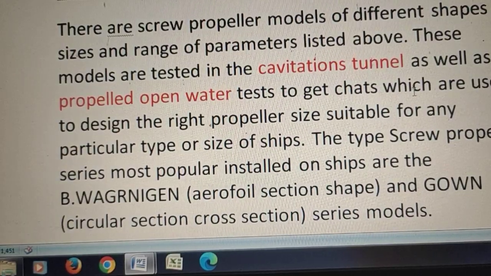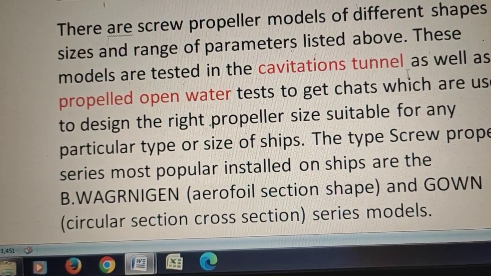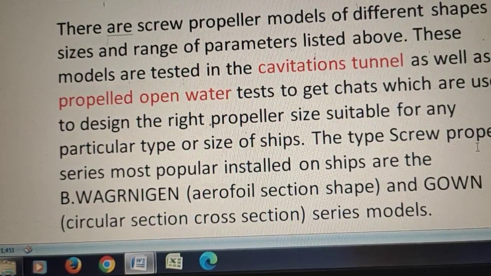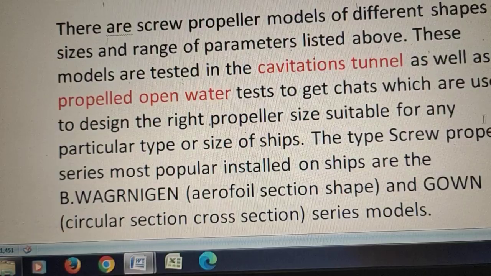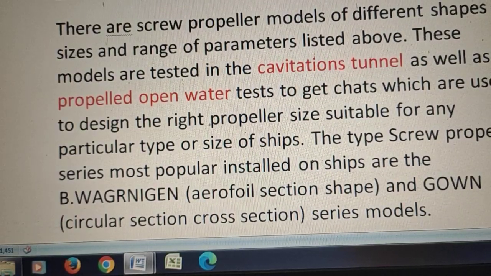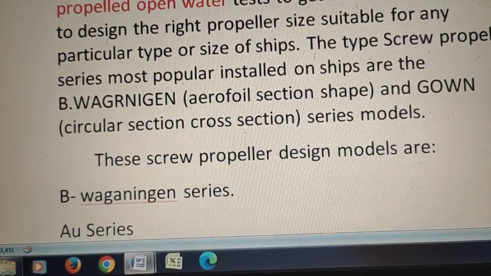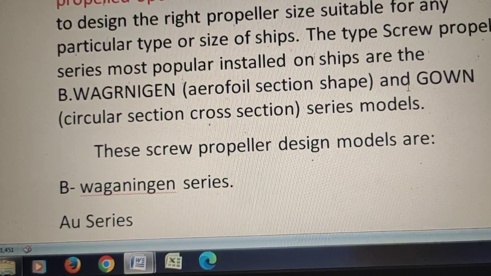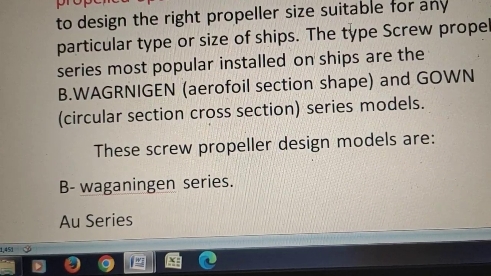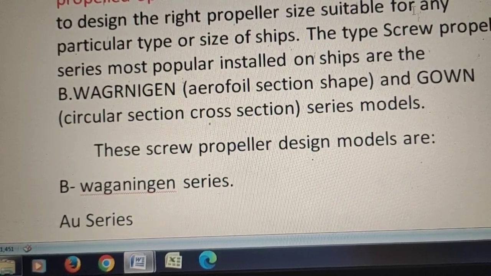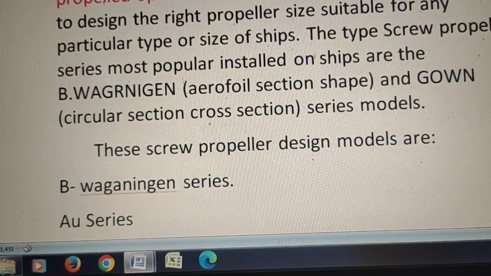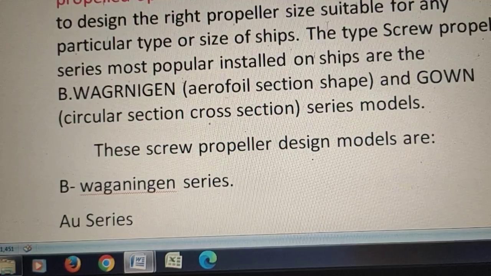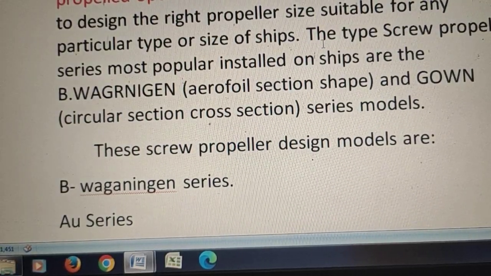They use a small model of the propeller, throw it in a cavitation tunnel or in a self-propelled arrangement, and they will get the thrust it can develop, and then use hydrodynamic theory comparison to see what it will give for the actual ship. That is how they produce charts, the same way we get resistance tests for ships, we get thrust tests for propellers.